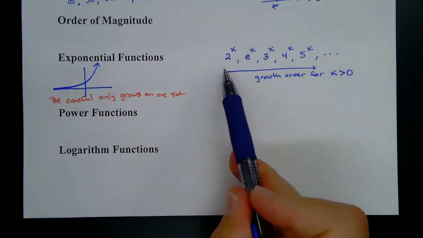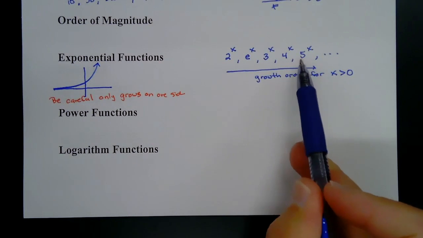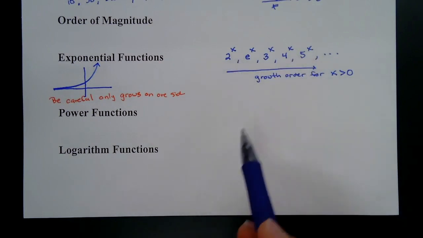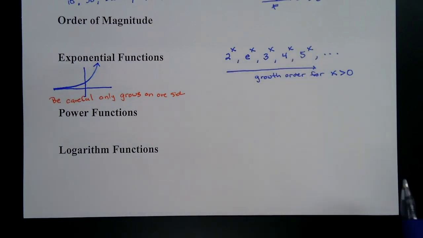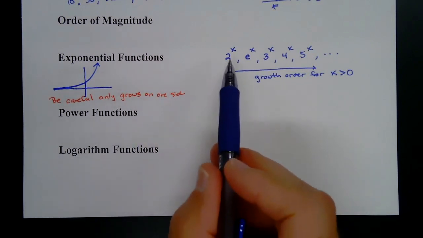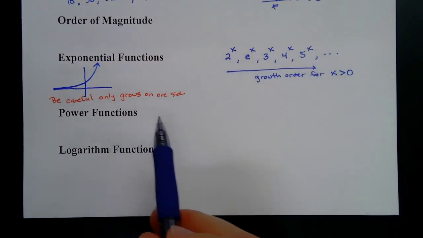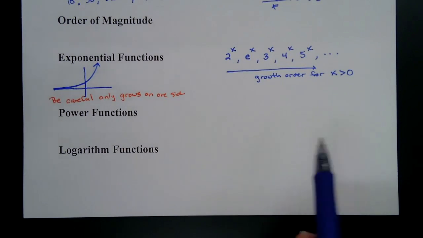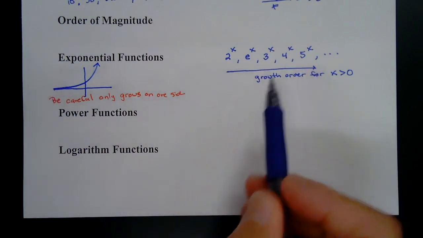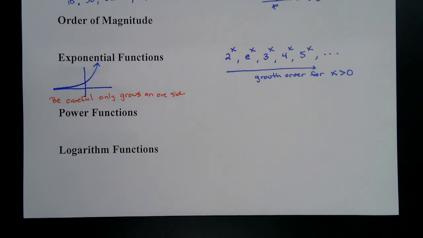All of these grow on the right-hand side, as x is positive. On the left-hand side, if these were negative x values, then it's not growing at all. It's actually getting closer and closer to the number 0. And all of these do the same thing. They all get closer and closer to 0.